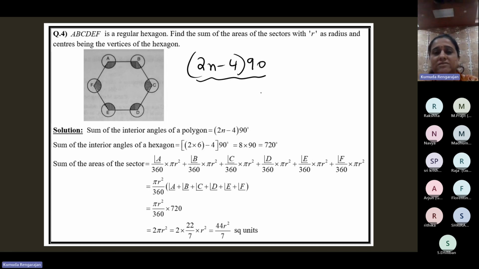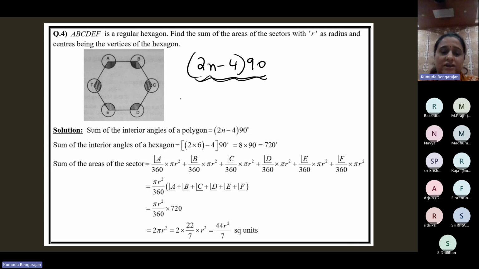Because we know if a polygon has 4 sides, it has 4 interior angles; 5 sides, 5 interior angles; 6 sides, 6 interior angles. To find the sum of all the interior angles of any polygon with 4, 5, 6, 7, 8 sides, you can use this expression (2n minus 4) into 90.